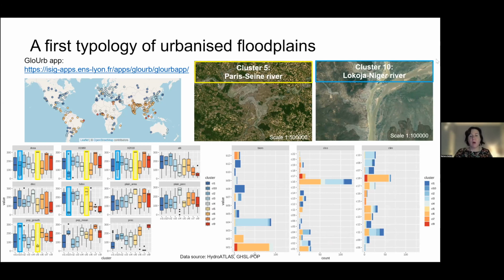For example, on screen you can see cluster 5 and cluster 10, which are different in terms of population growth, the size of the city, and the demographic dynamics in the last 50 years.